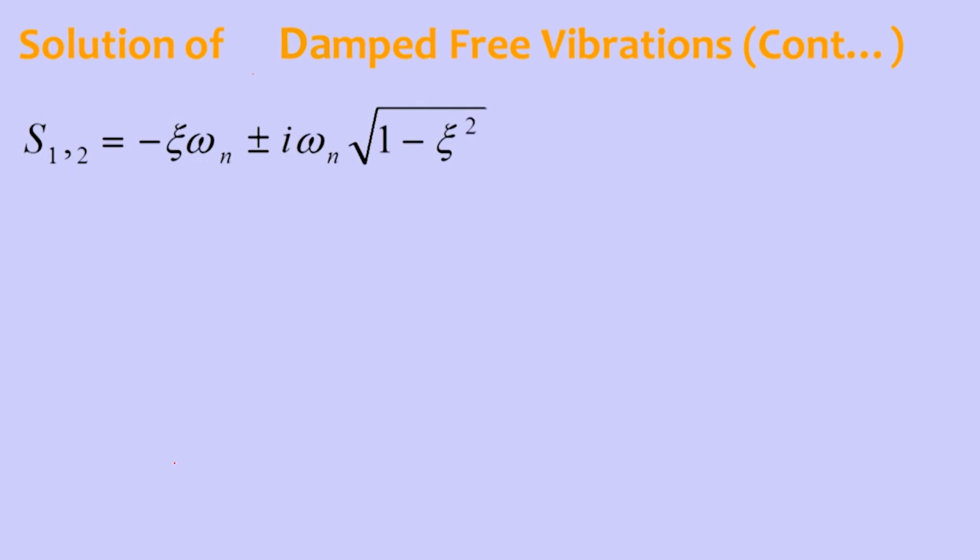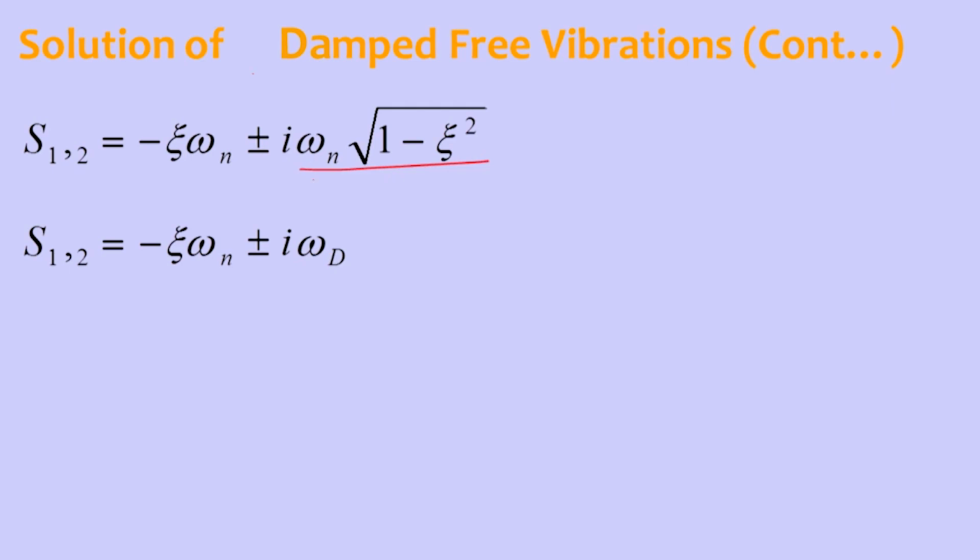we get two roots, s1 and s2, by using usual algebraic principles. We get minus zeta omega n plus or minus i omega n under root 1 minus zeta square. Upon further simplification, this term omega n under root 1 minus zeta square we name the damped natural frequency.